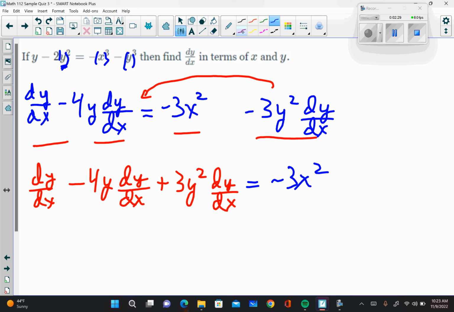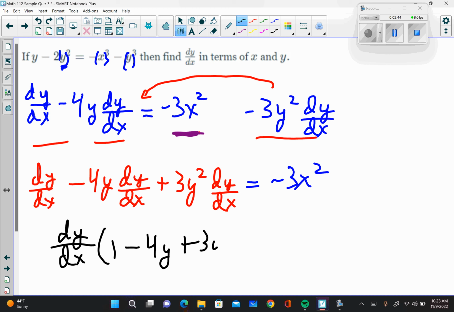And this is the only term that does not have dy over dx on the right side of the equal sign. Then every term on the left side has dy over dx, so we factor that out of 1 minus 4y plus 3y squared. So dy dx that's common is now factored out, leaving a 1 minus 4y plus 3y squared in parentheses. Copy that.